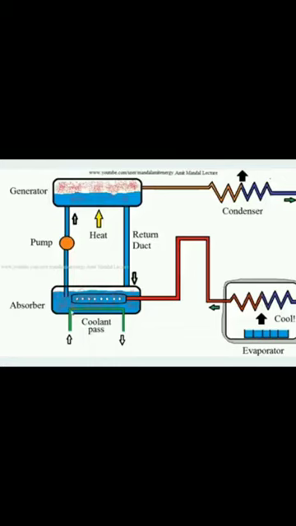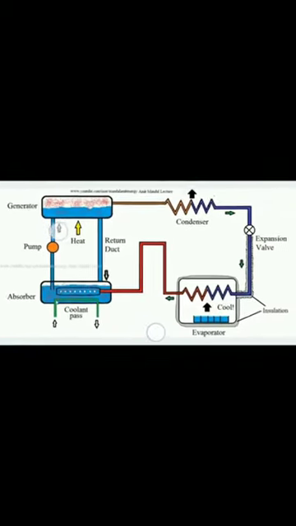That heat separates the high pressure ammonia from the hot water, and the water is returned through the return duct to the absorber, and the hot ammonia vapor completes the cycle by going through the condenser. This is the vapor absorption system.